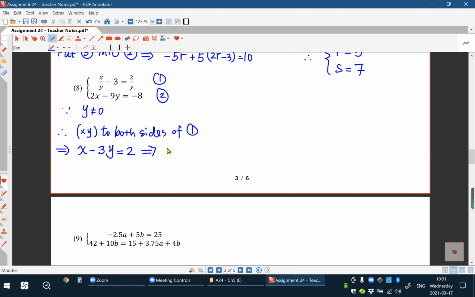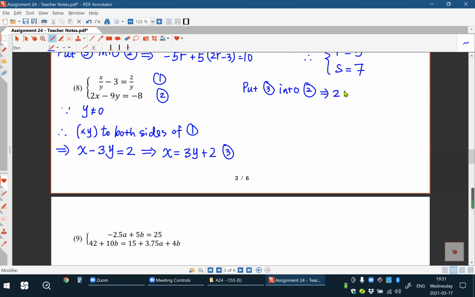Okay, from here we can solve x is 3y plus 2, right? Let's call this number 3. So we can put number 3 into number 2, right?